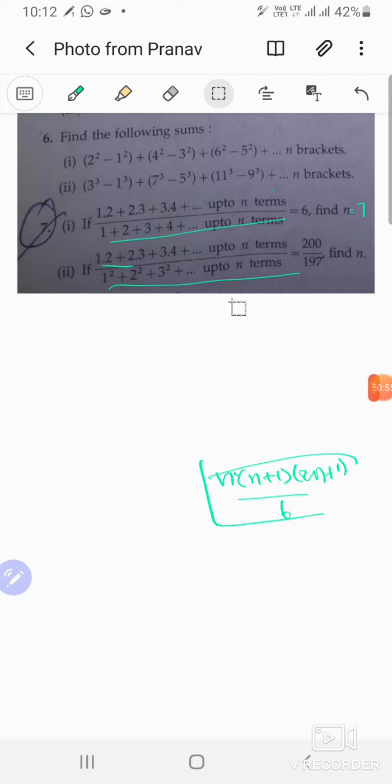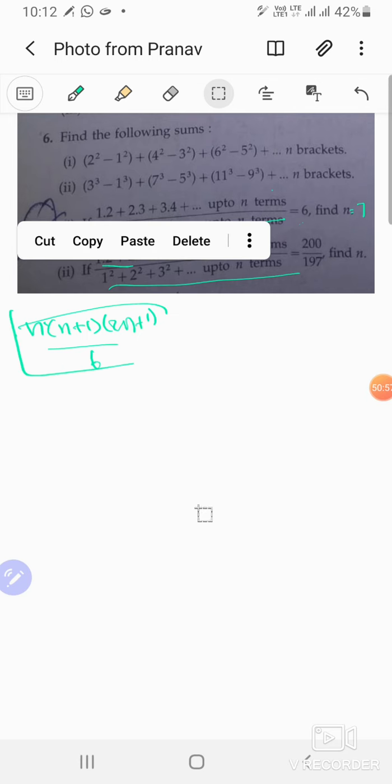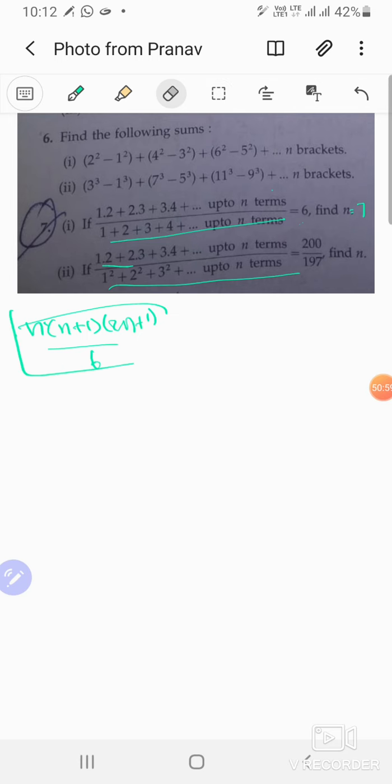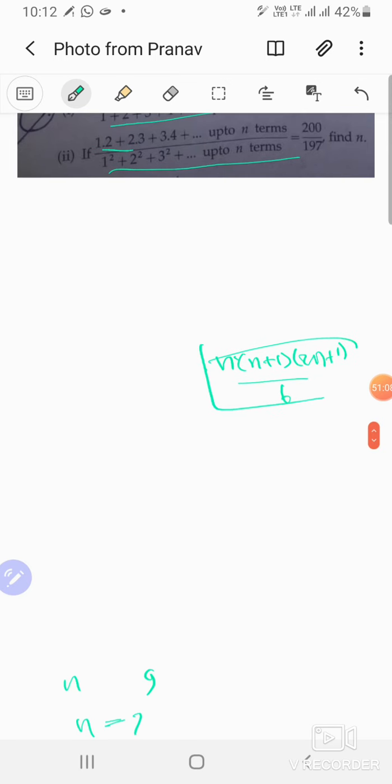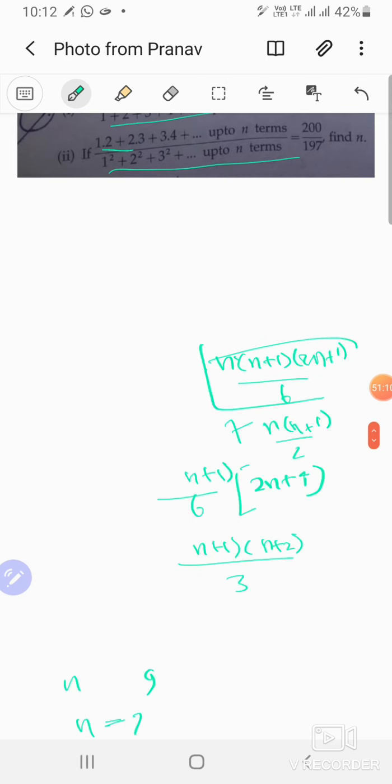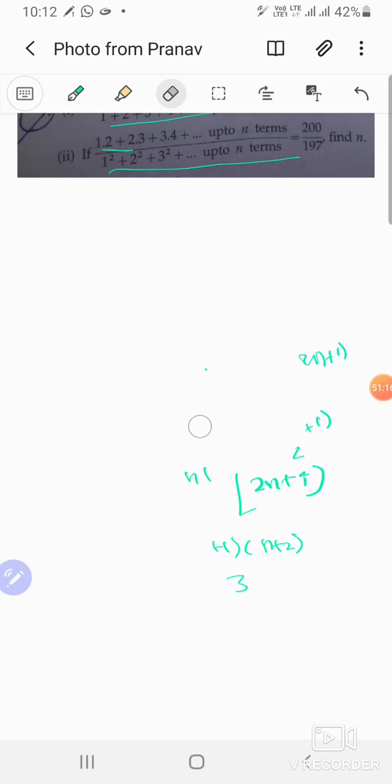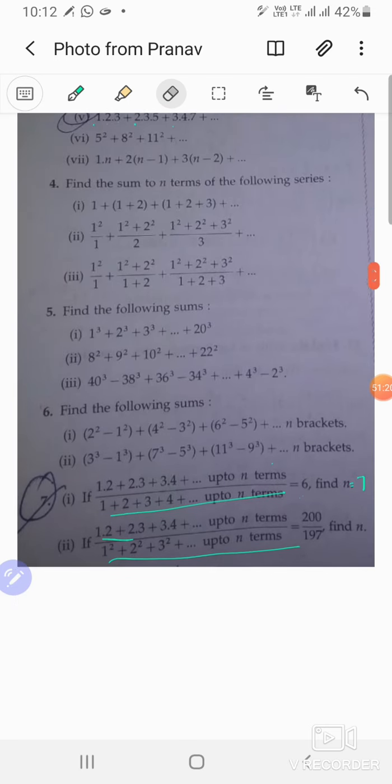Okay, so you've got this thing, right? n into n plus 1 into 2n plus 1. Wait a second. What was that thing? Oh yeah, n into n plus 1 into n plus 2 upon 3, right? That was the sum which we got before.